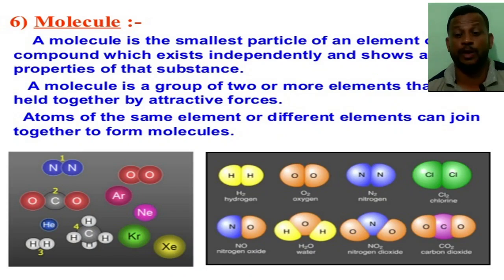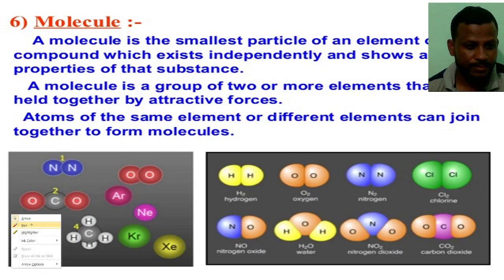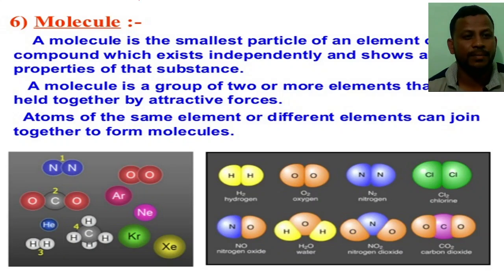Let us see the next point, which is the molecule. This is the last point we are going to discuss about the atom and the molecule. A molecule is the smallest particle. Remember that. Let me explain here.